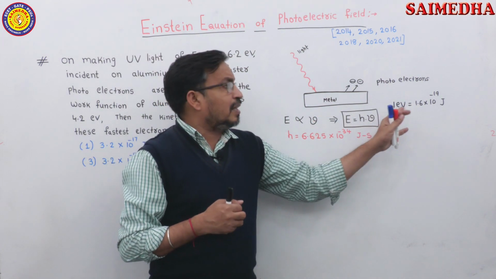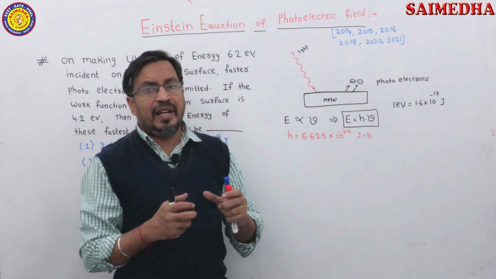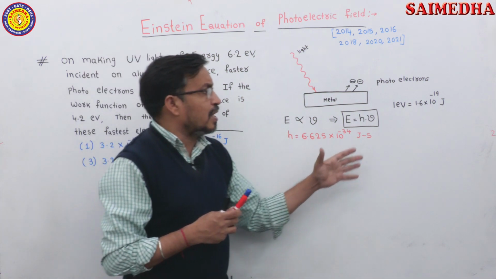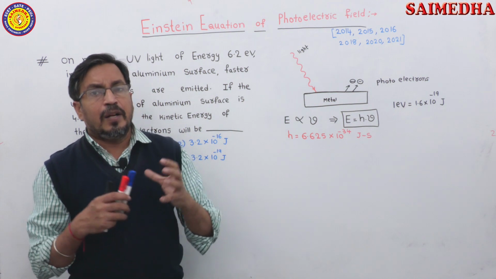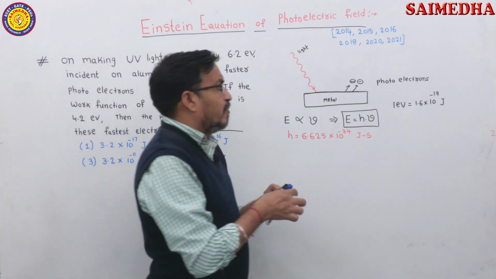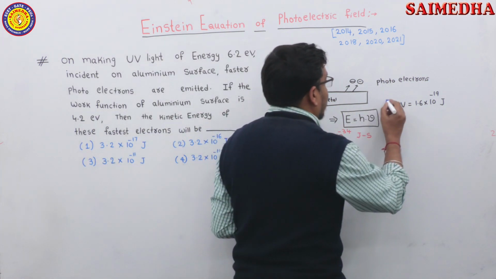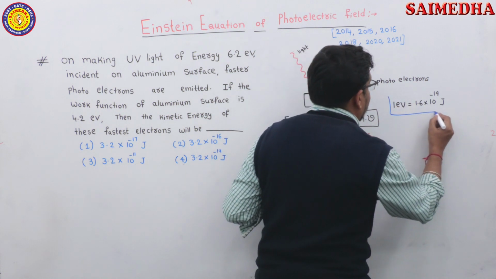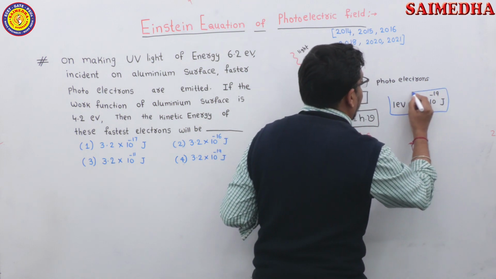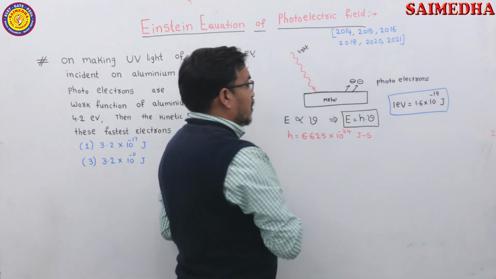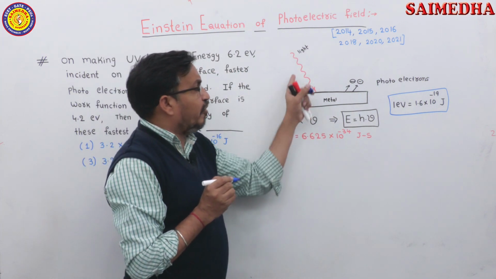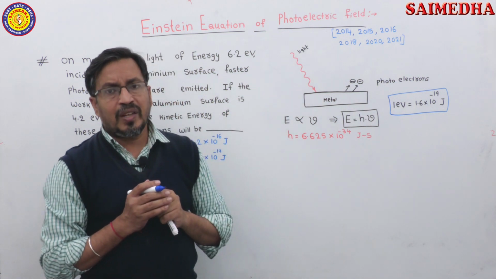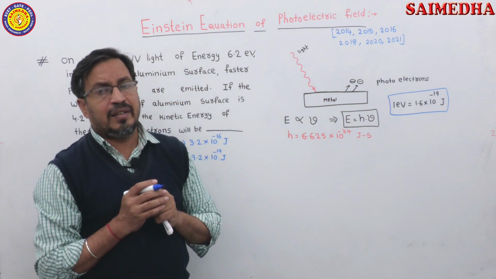To find the energy value in joules as well as electron volts, you must remember this conversion. So E is the energy of incident light, v is the frequency of light, and h is Planck's constant.